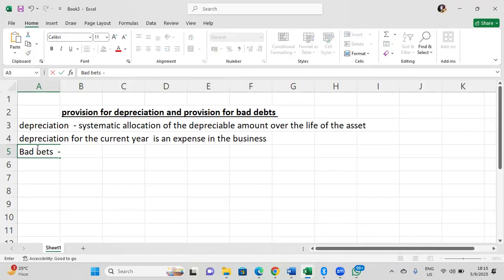If you're talking about bad debts, what are these? These are customers whom we think are not going to pay us.